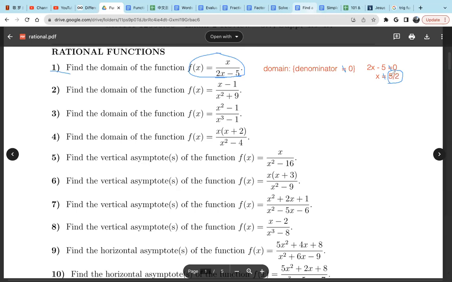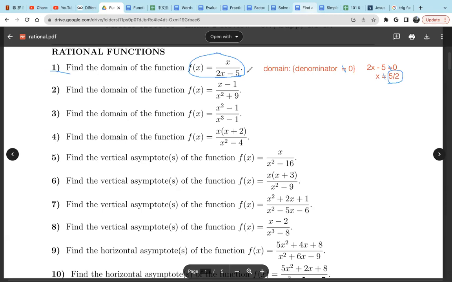Okay, only 5/2 is not working for this function, because if we plug in 5/2 for x, 2 times 5/2 is 5. 5 minus 5, that's 0. But anything divided by 0 does not exist in mathematics. Think about it in life.